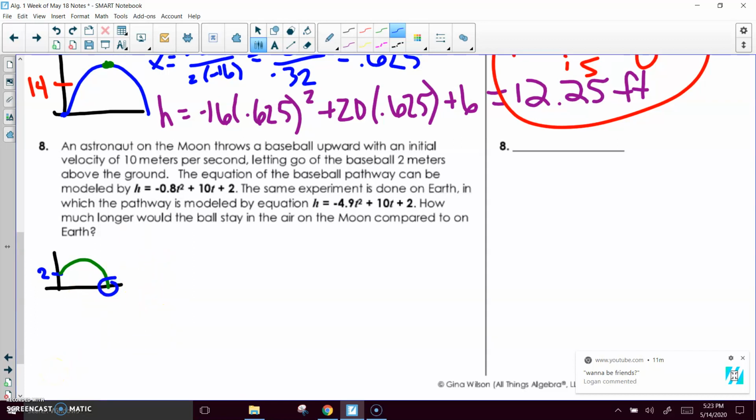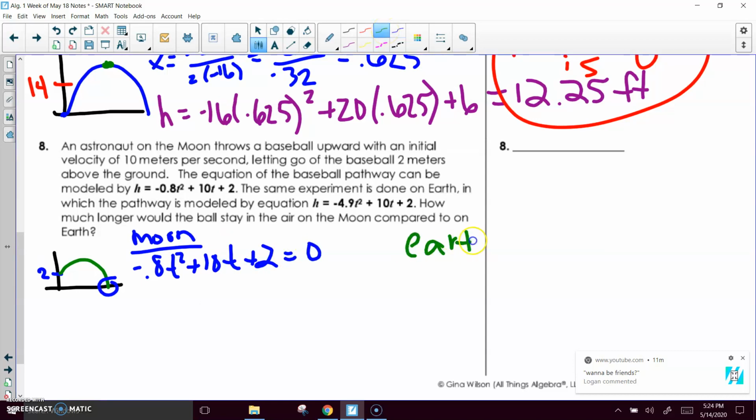So we've got the moon. When does my equation equal 0? And then we've also got Earth.